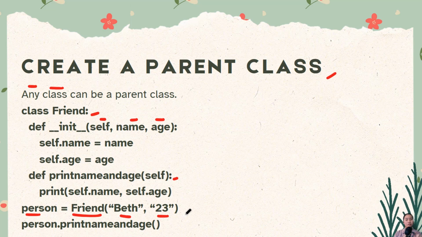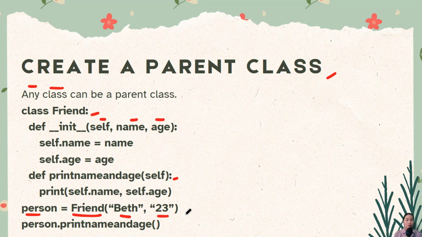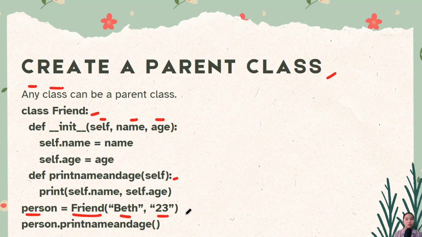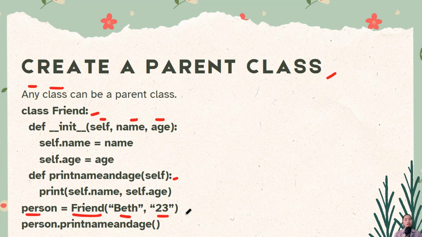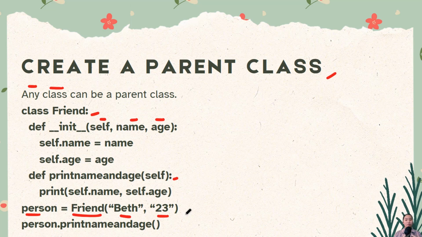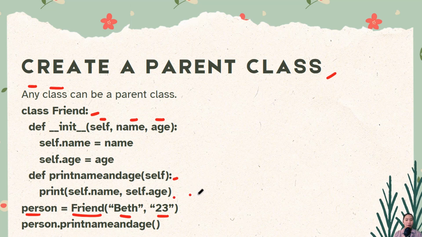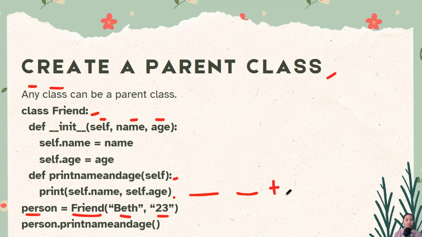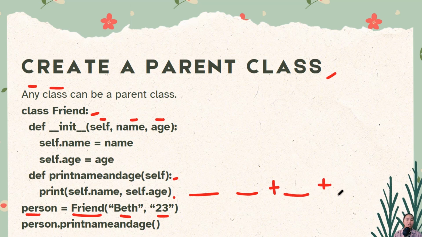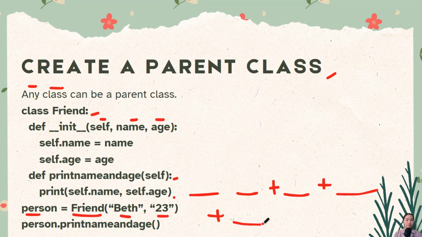Now, as you can see, Beth and 23 are both strings. Why do I make them both strings? 23 could just be an integer. Sometimes with printing out values in a class, if you combine different types of values, it may result in an error. A classic example is, let's say instead of just printing the name and the age, you want to append them to additional strings. For example, you can say, my best friend is, append self.name, and then she is, append self.age.